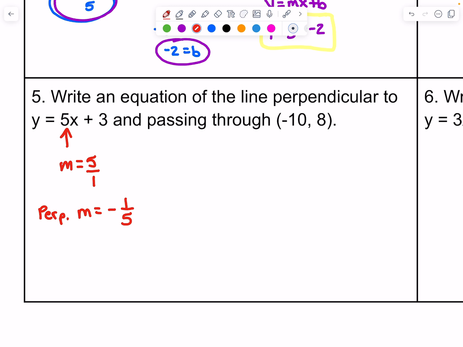So that's going to be the one I need when I plug it in to find my equation. So I'm going to plug it in with my x value being -10 and my y value being 8. So let's do y equals mx plus b again. The y is 8, the slope is -1/5, the x is -10, and then we're solving for b.